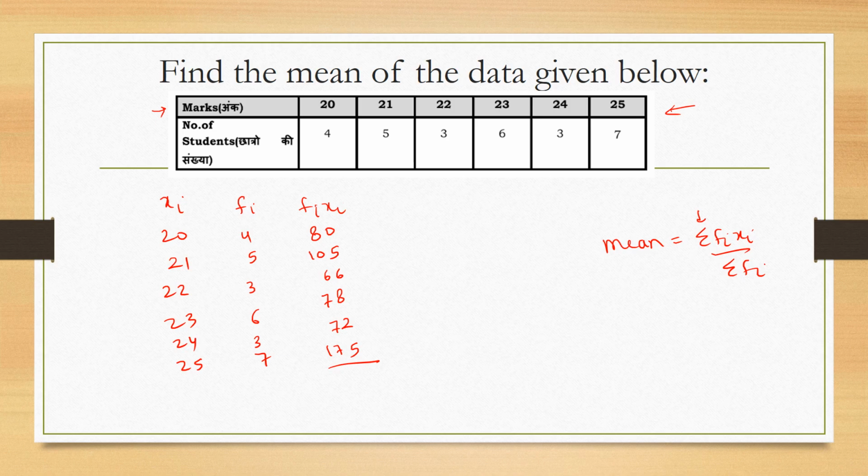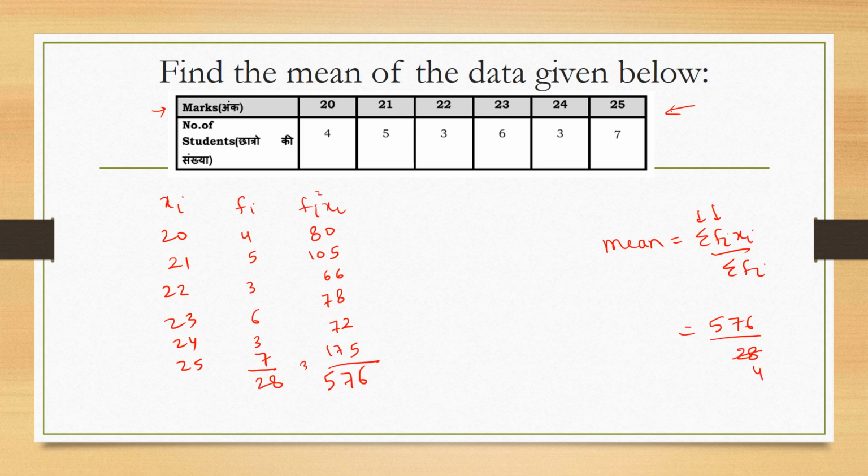Now add them up because I need the summation of fi xi. So we've got 576 over here, and the sum of fi is 10, 19, 24, 28. Right? Just check it once again. 19, 5, 24, 28. Yes.